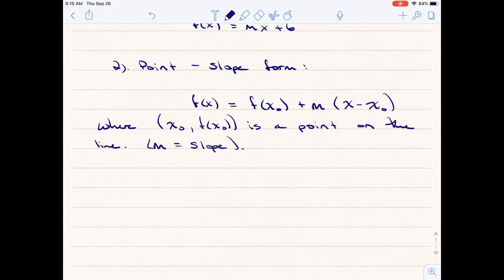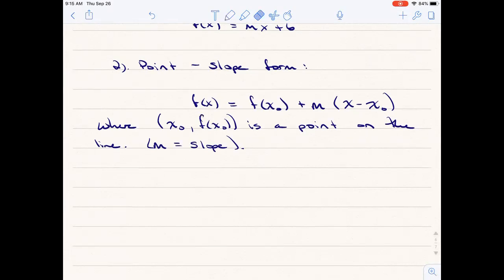But that's understood. In the brackets, x0, comma, f of x0. It's a sloppy f.